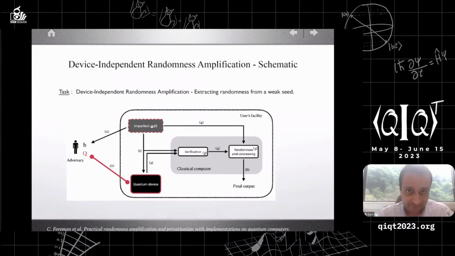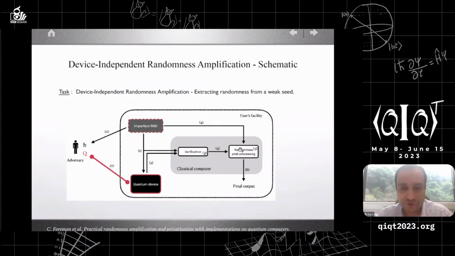So what's the idea? We use these input bits to choose measurement settings in a Bell test. We run it on this quantum device. We perform a verification procedure, which means we test for the violation of some Bell inequality. And we get the outputs of this device.